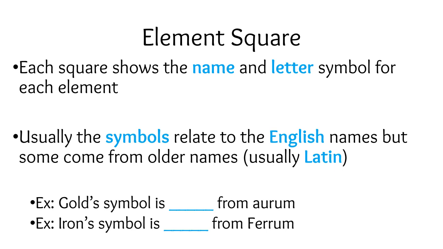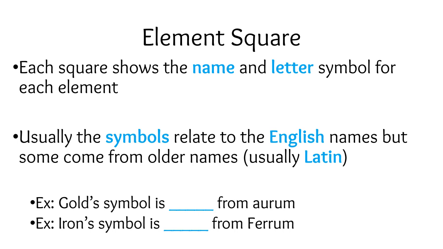So in the last video, you spent a lot of time looking at each individual element square and what information that can tell you. So atomic number, atomic mass, it can tell you how many protons, neutrons, and you have the numbers to find your number of electrons. But the one thing we didn't cover was the name and the letter symbols that are given for each element. So each element has not only its English name, but it has a specific set of letters, normally a capital and a lowercase or just a capital letter, that represents it.